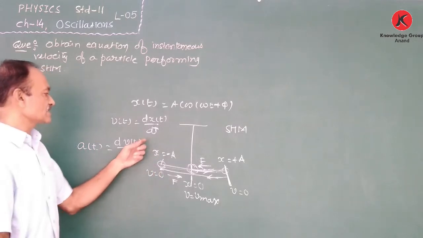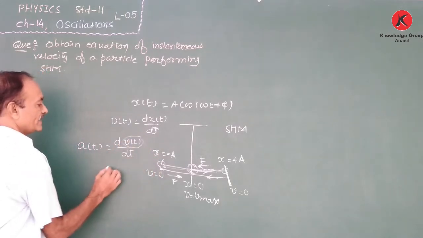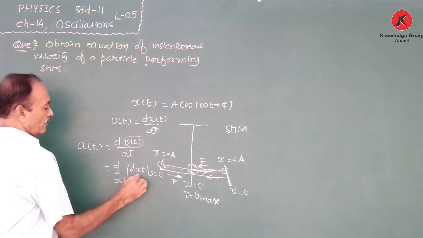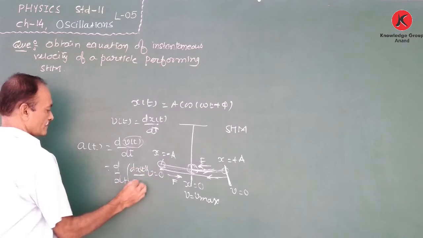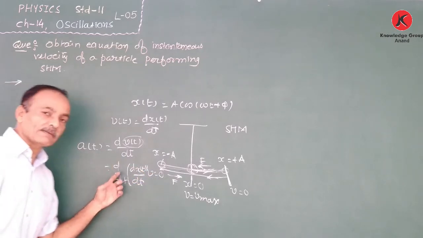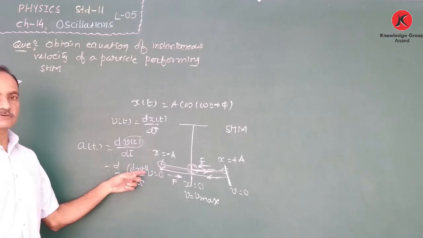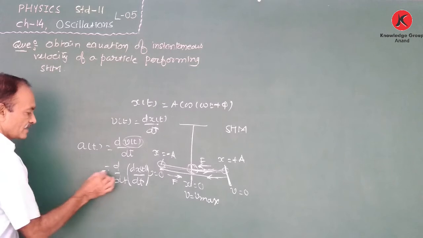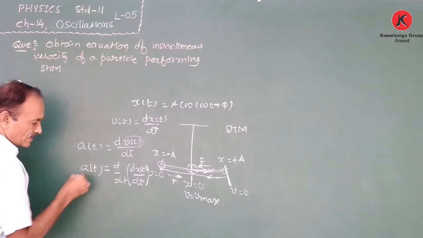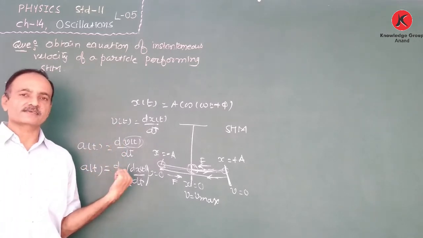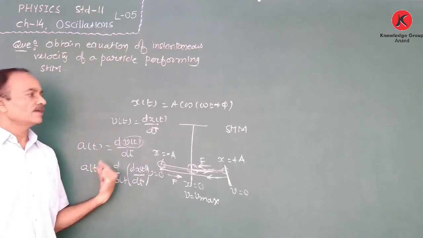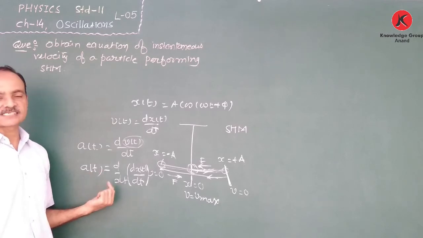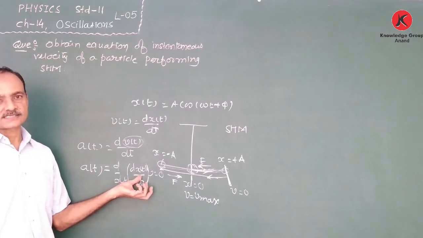Or in other words, substituting the value of v(t), that is d by dt of dx(t) by dt. That means the double differentiation of position or displacement with respect to time gives the acceleration. We learned this concept in chapter 3. Using this concept, we are going to obtain the equations of velocity and acceleration, and we discuss their special cases.